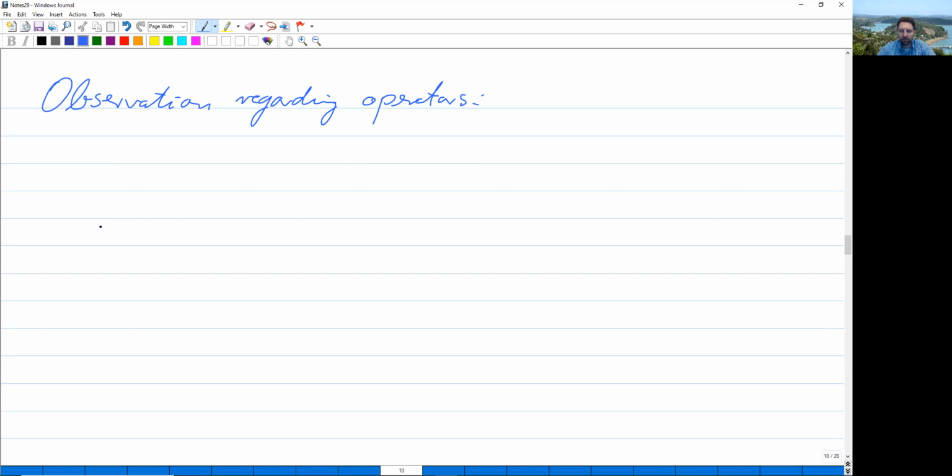And that observation is that operators form a vector space. We're usually thinking of the operators as being objects that act on vectors. Operators map vectors of a Hilbert space into vectors of the Hilbert space. But it turns out that operators themselves also form a vector space.